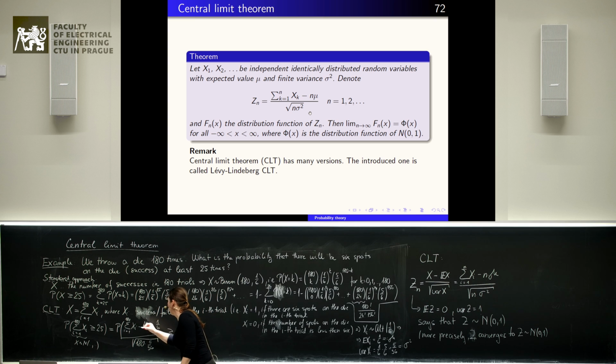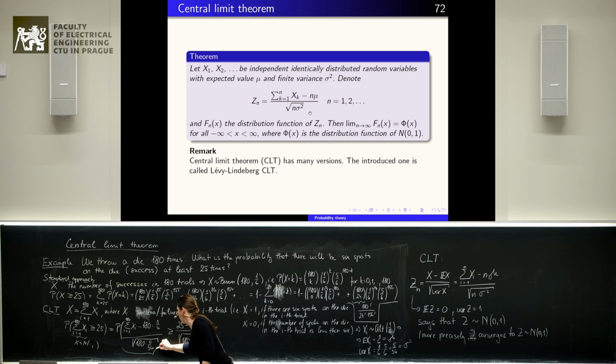And the same operation which was done on the left side must be done on the right side. So 25 minus 180 times 1/6 must be divided by the square root of 180 times 5/36.